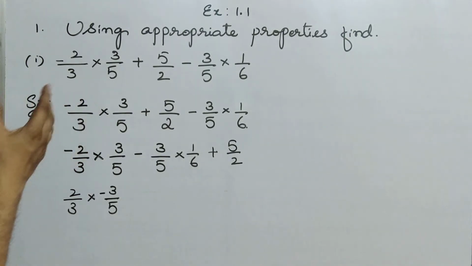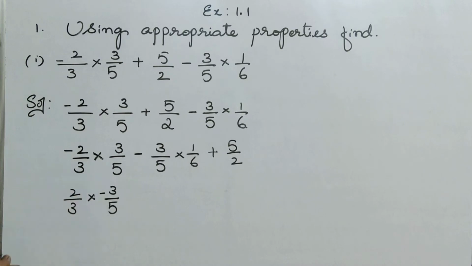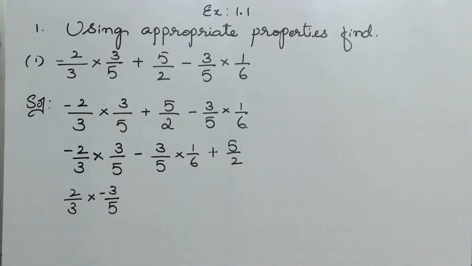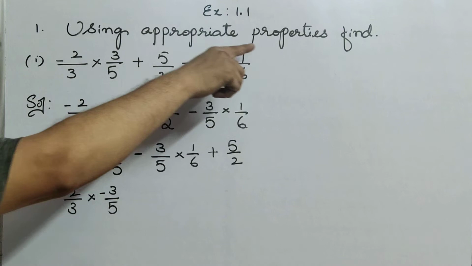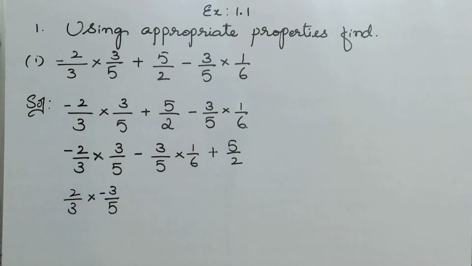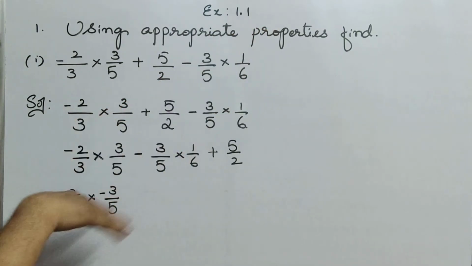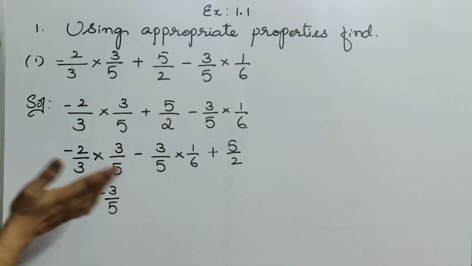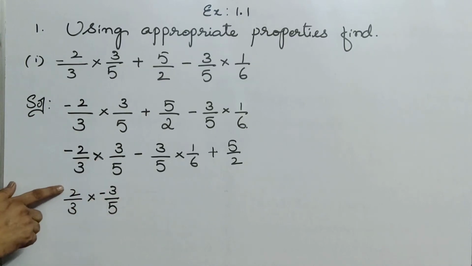Because why are we changing all this? Because he asked for the property. Otherwise we can do the simplification very easily, by doing this multiplication and finding the LCM. But he mentioned clearly using the property. Okay, so that's why we are rearranging all this. Now minus here or here, no problem. Why? Because we will get the same answer. So minus 3 by 5.